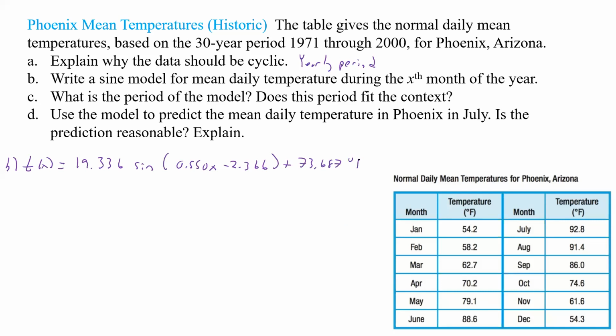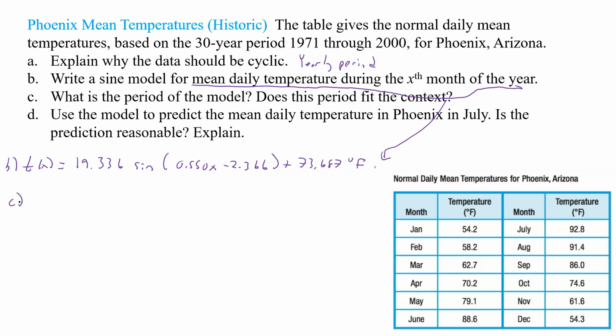And this is degrees Fahrenheit for the normal, basically the mean daily temperature during the x month of the year. And so that all kind of goes right here. So we're not going to write all that out. That's what it all is equal to.